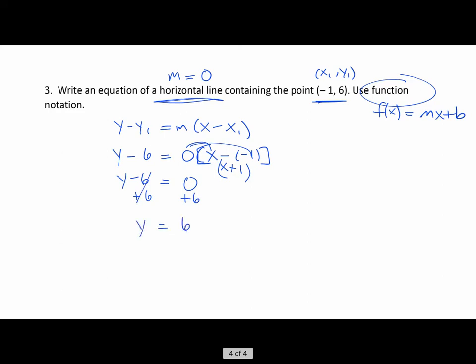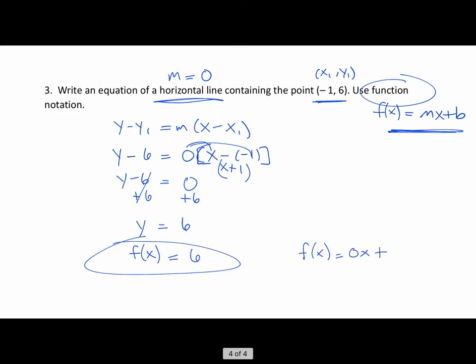And then we can change this to our goal, which is function notation. A horizontal line is a function. Y is a function of x. So f of x equals 6 is perfectly fine. If you do want to mention that x has been zeroed out, then that's also fine. I'm not sure if the homework program cares which way you put it, but I certainly don't care, as long as that's 0, meaning there is no x in this equation.